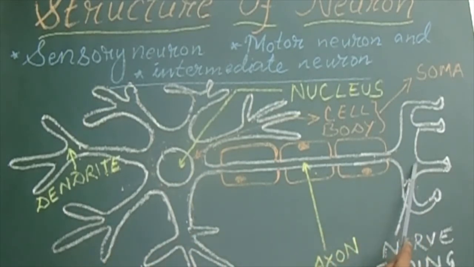When we talk about neurons, all the neurons come in one connection. Now here I will be showing you. Let us try to understand the structure of one neuron.